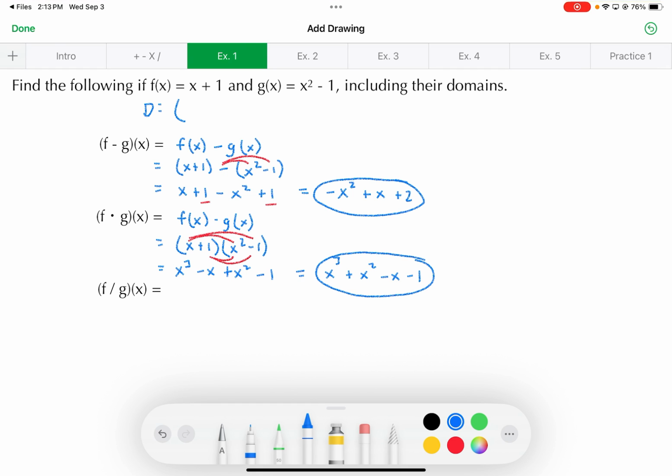This has a domain of all reals. And g of x is quadratic. That's a parabola if you were to graph it. What's its domain? All reals as well. Okay, so clearly the overlap of those two is all reals. So I'm going to say both of these have a domain of that also.